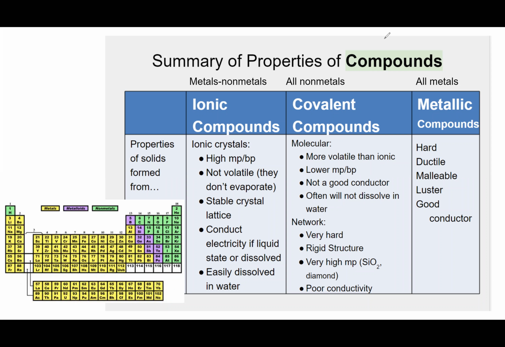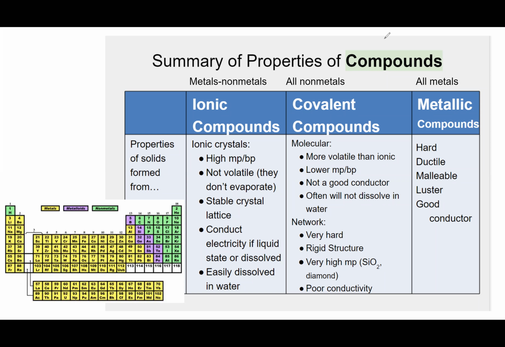So finally, just a review of the properties of compounds. We have metals and nonmetals for ionic compounds. This doesn't have to do with IMFs at all because there are just metals and nonmetals, right? The positives and negatives of the metals and the nonmetals are just attracted to each other because, you know, opposites attract.